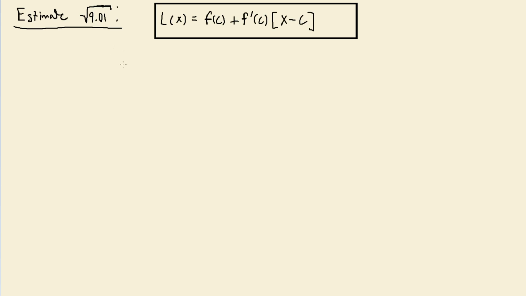So let's take the behavior of that tangent line and let's solve for it algebraically. So this is our equation. Remember, we are taking the equation for the line tangent to the function square root of x at the point x equals 9. So that 9 is going to become our c value. And so the equation of that tangent line is going to be the square root of 9, that's just 3, plus the derivative of the function at that point. What's the derivative of the square root of x?